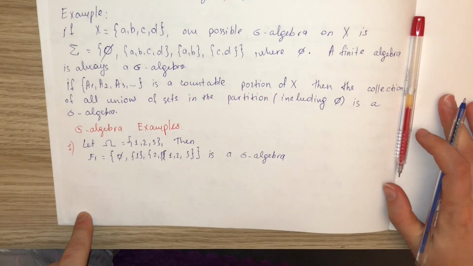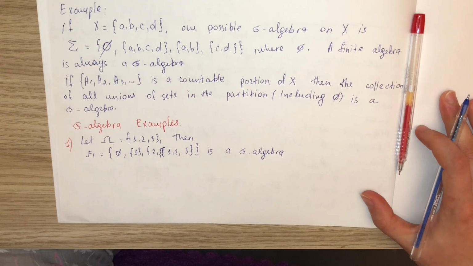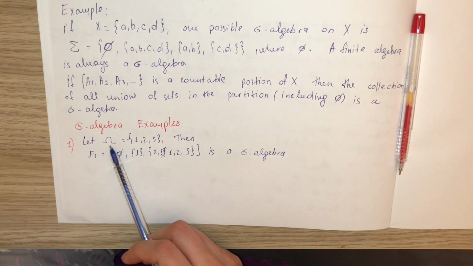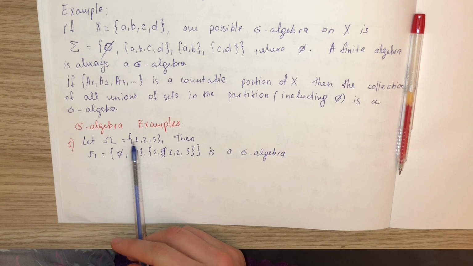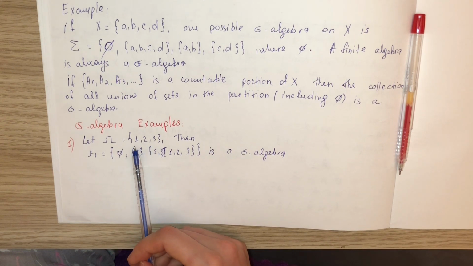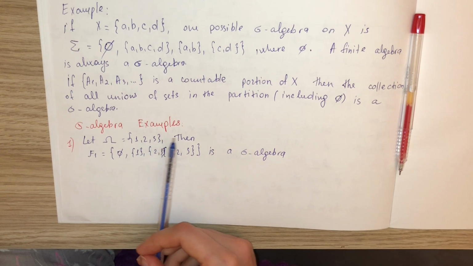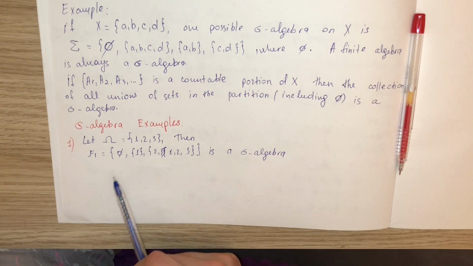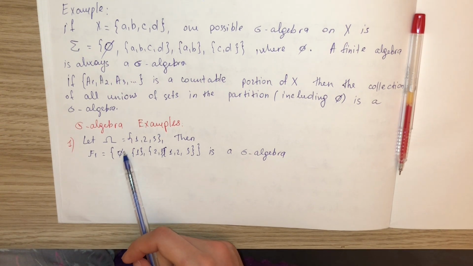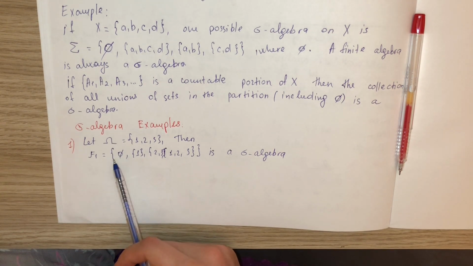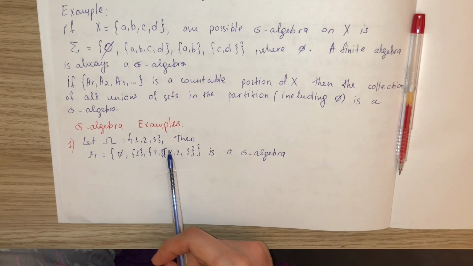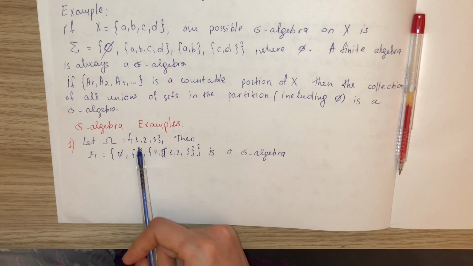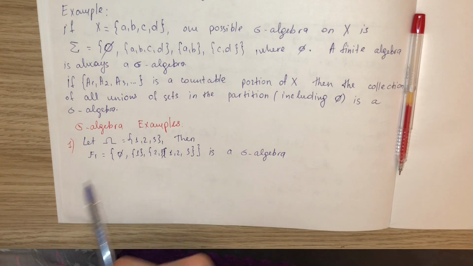Let's look at some examples about sigma algebras. Let A be a set containing elements 1, 2, and 3. Then F1 is a sigma algebra because it contains the empty set and the set itself and also some subsets.